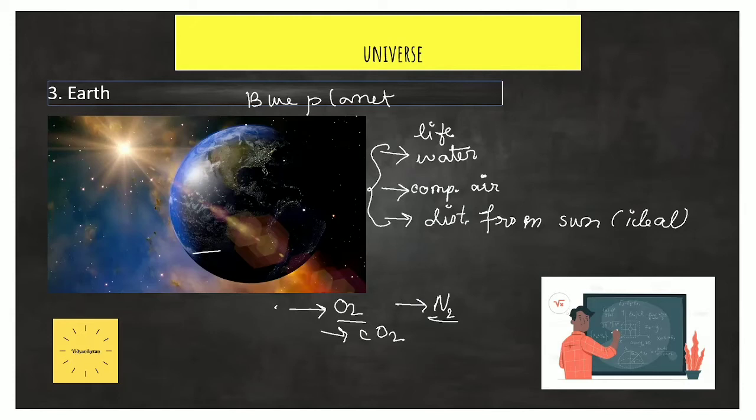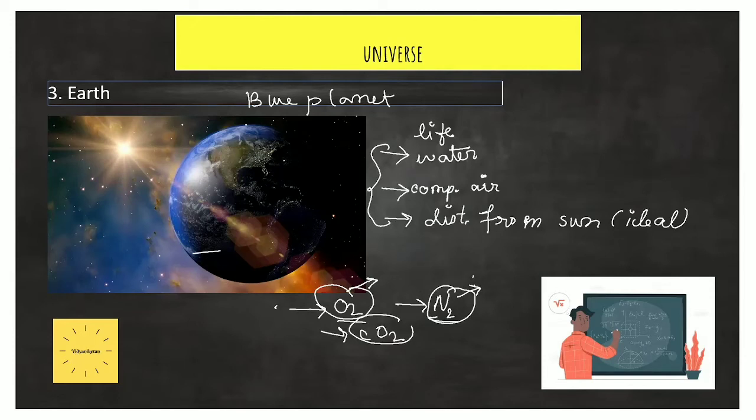Oxygen is required for all living beings, all humans and animals, because they require it for breathing. Nitrogen is required because it prevents the life or the other objects present on the earth from burning without any control. Okay, nitrogen prevents uncontrolled burning.